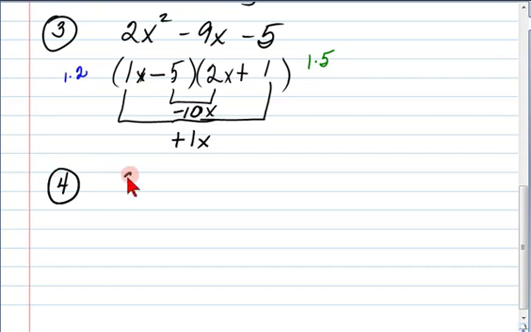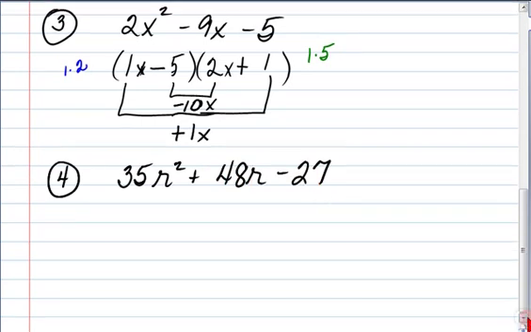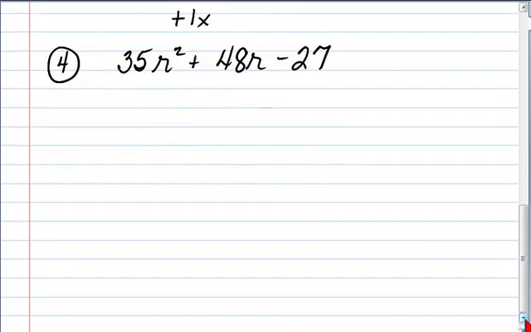All right, number 4. How about 35r squared plus 48r minus 27? Okay, is there a common factor?